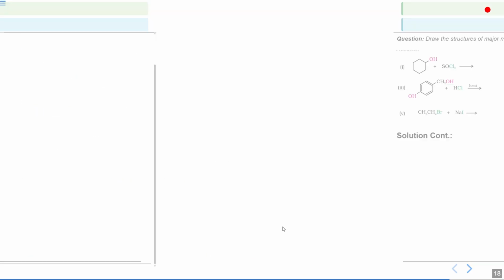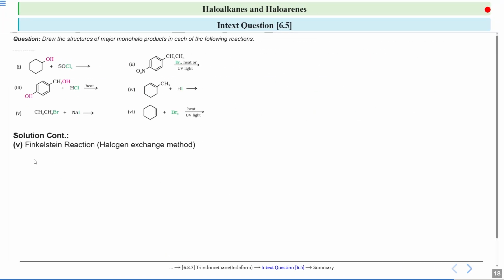Now, if we see the fifth part, which is the reaction of alkyl halide with sodium iodide, this is actually a Finkelstein reaction, which is a halogen exchange method. How? When you are reacting bromoethane, that is CH3CH2Br, plus sodium iodide, the halogen exchange, or the Finkelstein reaction, will happen and the halogen will exchange among the reagents.